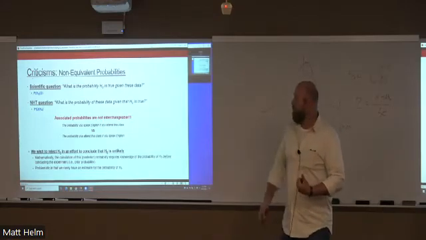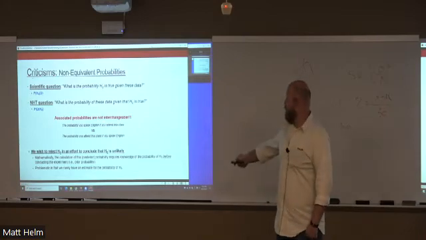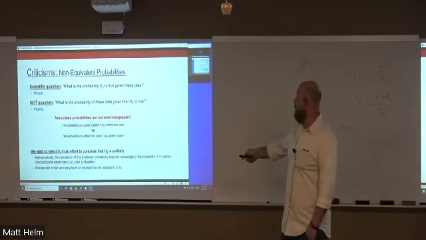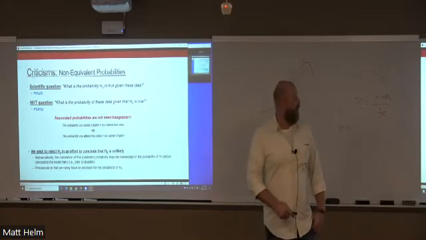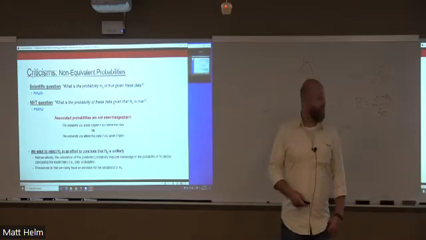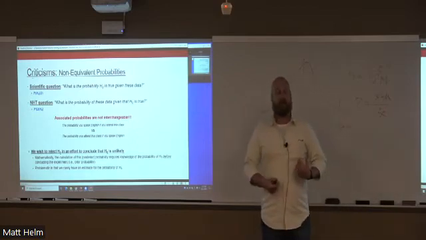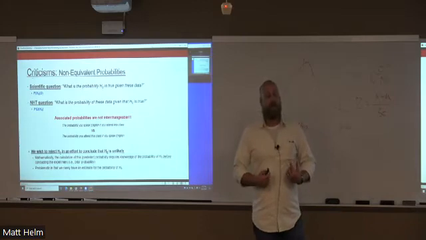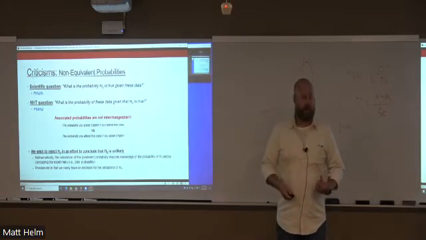But in order to do this, and this is where we get into some Bayesian approaches, we need to know the probability of the null hypothesis before we conduct the experiment. We call this prior probability, or priors, in Bayesian stuff. The problem is we can't calculate that accurately because we don't know the probability of the null hypothesis before we start collecting data.